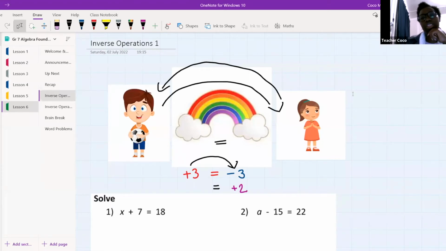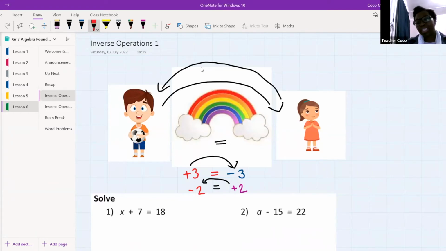Tanya's not unmuting. Ayanda, can you tell me? If I send my positive 2 over the rainbow, what's going to happen to it? It's going to become? Negative 2, ma'am. Excellent. Negative 2. You are quite correct.